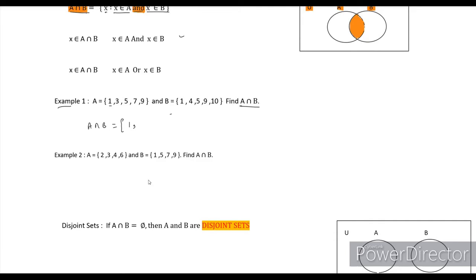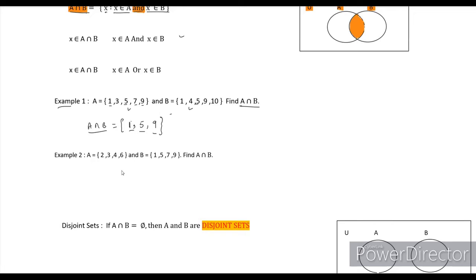And 3, you check, is present only in A, so we'll go to the next element, 5. 5 is present in both the sets, so it is written here. Then 7, you check, is present only in set A, so we are not writing it. And 9 is present in both the sets. So you check the elements here. The elements of A intersection B belong to both the sets. Only those elements will be there in A intersection B.